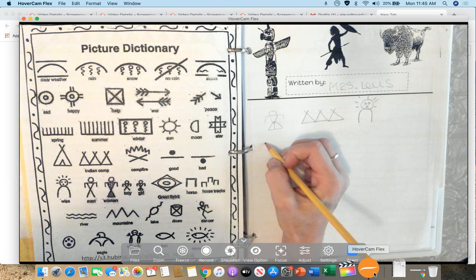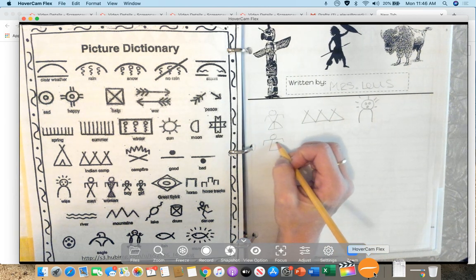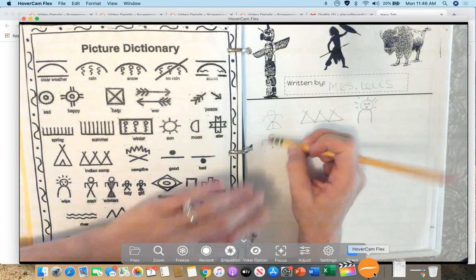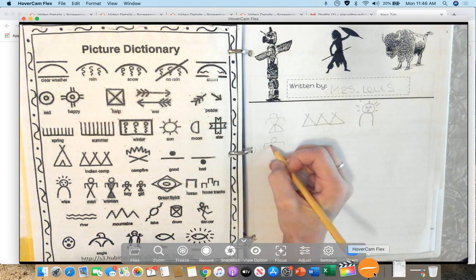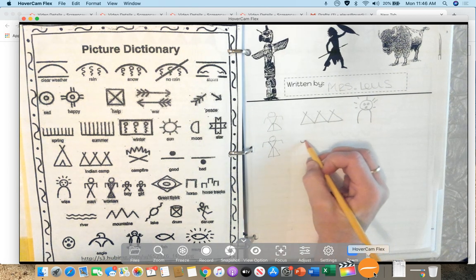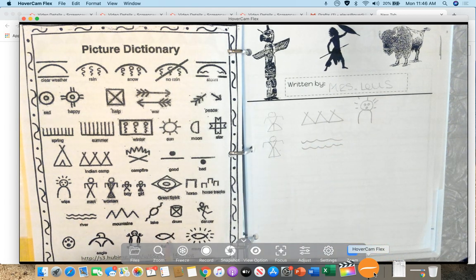So I'm going to draw the symbol again. Oops, I drew it the wrong way. The girl went to the river, right? There's the river symbol, and she went hunting for fish.